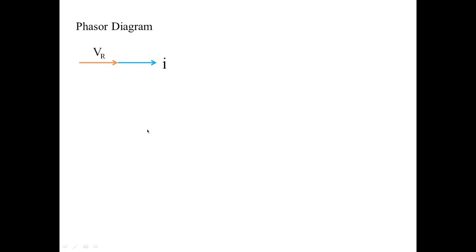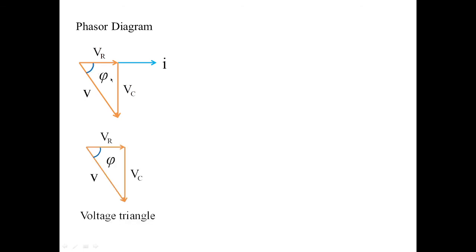Now you calculate the phasor representation. We know that the resistor voltage is in phase with current, whereas the capacitor voltage lags current by 90 degrees, or you can say the current in the capacitor leads voltage by 90 degrees. With this, I'm going to get the voltage triangle with an angle phi in this way.